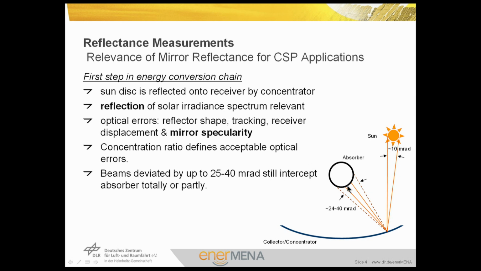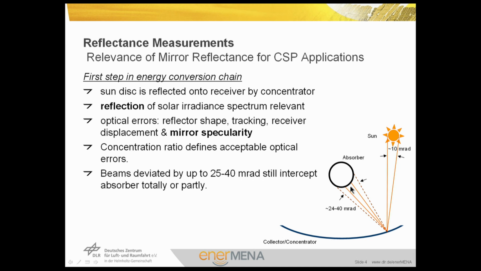So as we can see, the sun disk with a certain diameter is imaged by the concentrator on the absorber. And here, since the absorber, depending on the design, can be bigger than the image of the sun, there's a certain area where error is accepted.